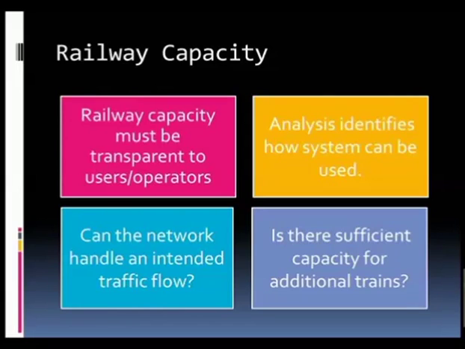And a capacity analysis also identifies how the system can be used. So it's not just a single value, it's like a plan as well. The capacity is a number of trains that you move through the system, and it's also a mix of trains. So how many of each of the different types of trains do you put through?